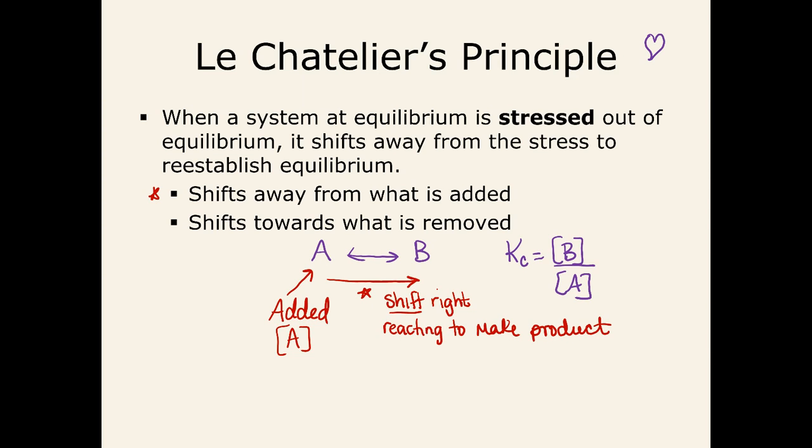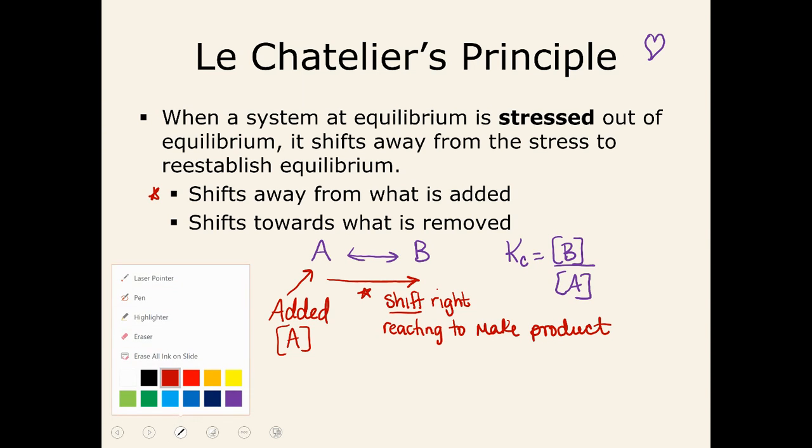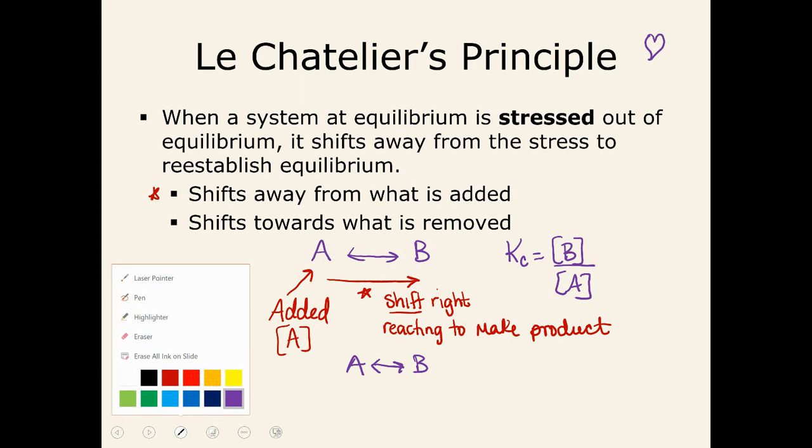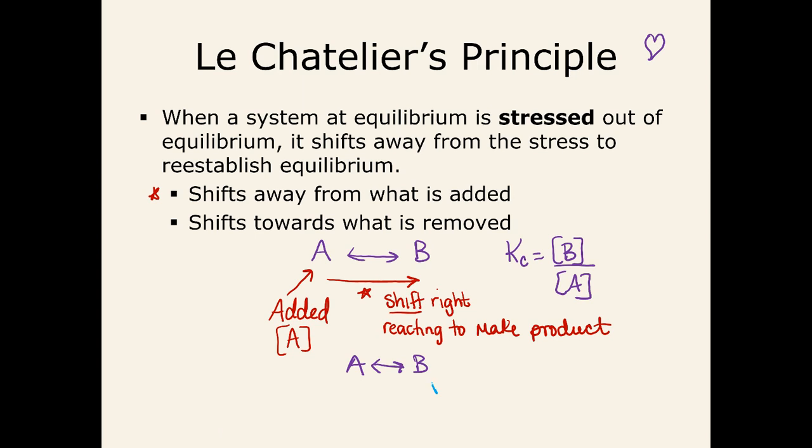Okay, I could add B. I'm going to rewrite it. Okay, if I add B, doesn't matter that it's a product, it's going to shift away from what's added.